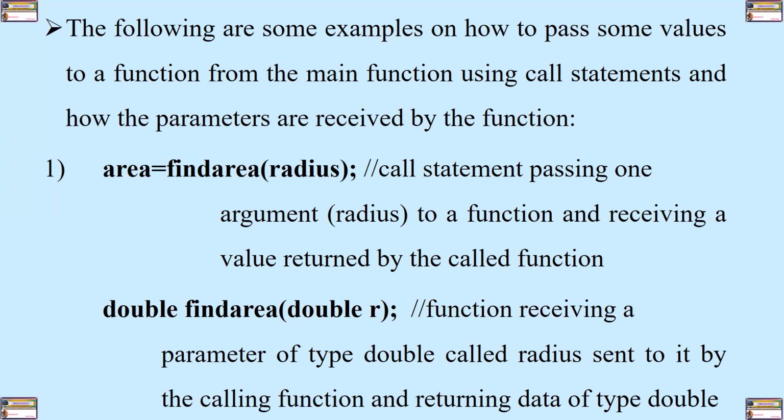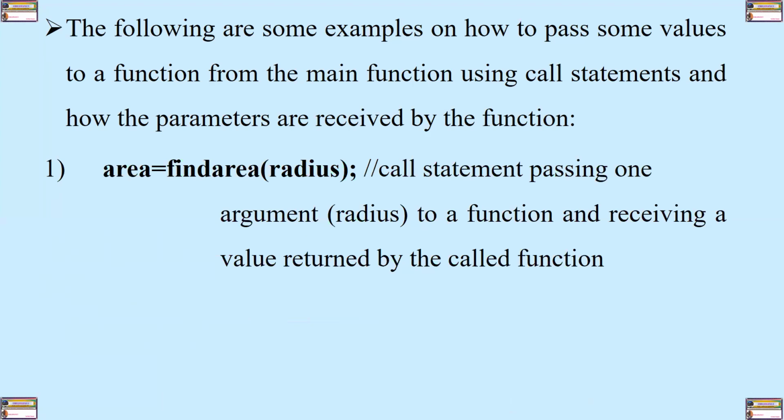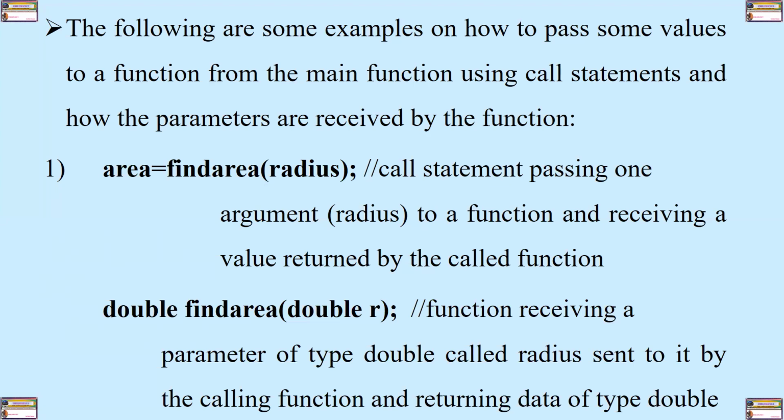Now, it's important also to note something here, my dear students and the rest of the learners. Note that this first statement is a call statement for passing a value to a function. And the function is called find area. And this is the function which is receiving the value. As you can see, let me demonstrate to you.